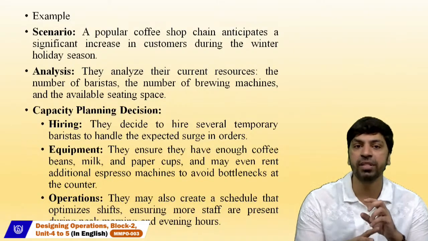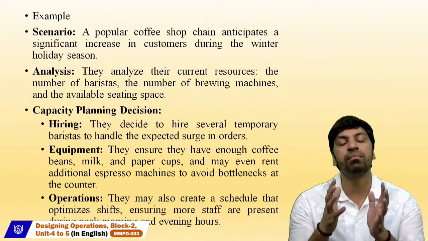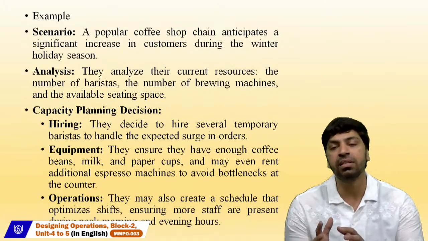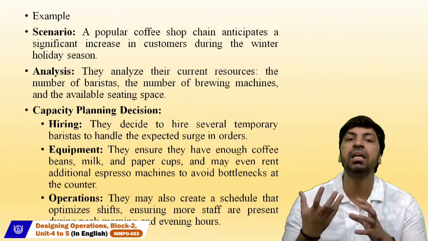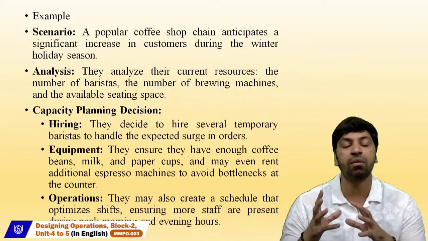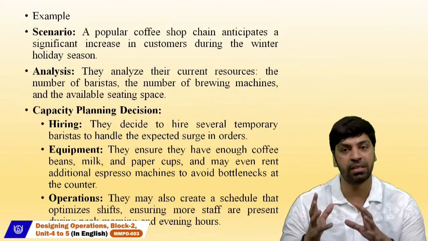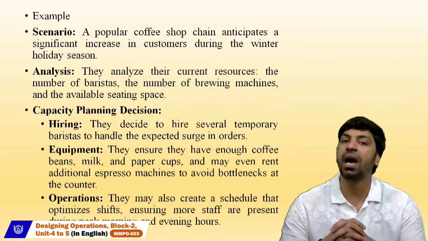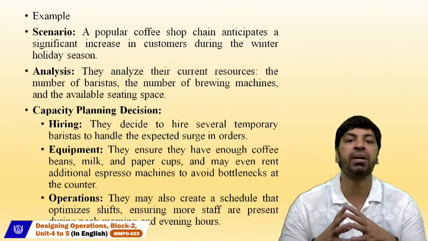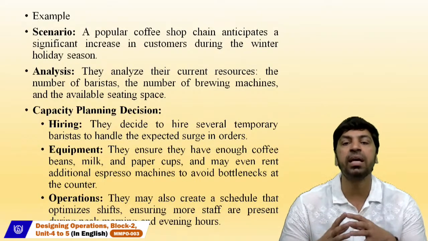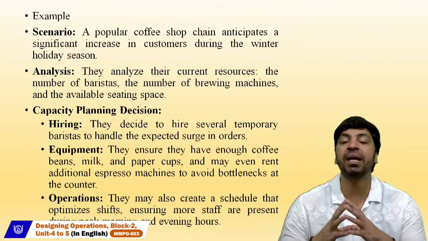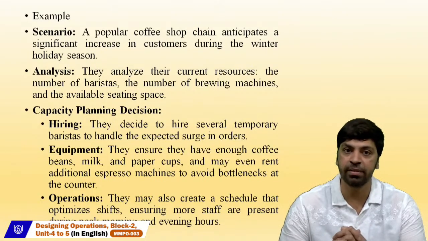Based on the current resources, the manager or decision maker takes a decision and prepares a capacity plan based on the following aspects. The first aspect is hiring. They decide to hire several temporary baristas to handle the expected surge in orders.